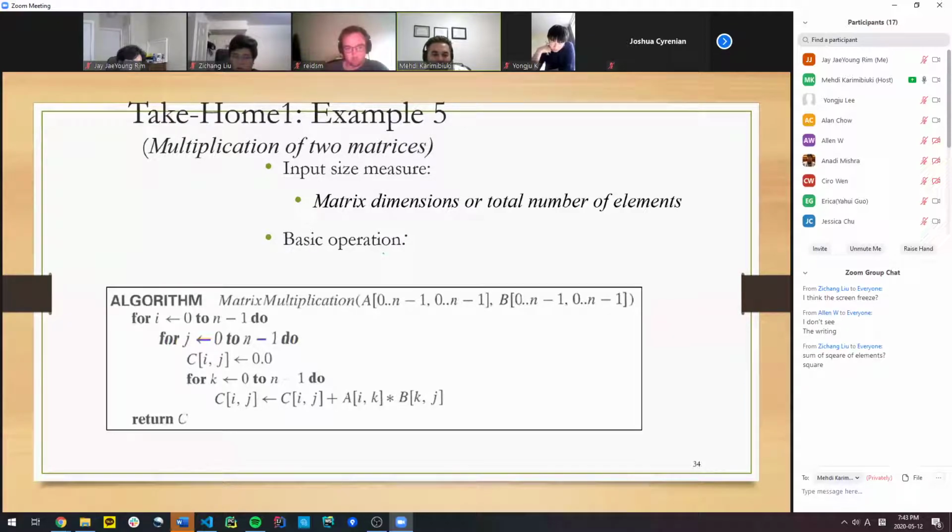Right? So we want to see what's the basic operation here, right? So the basic operation is a statement that's being repeated most times, right? And in this algorithm, we're having 3 for loops. And what's the basic operation here?